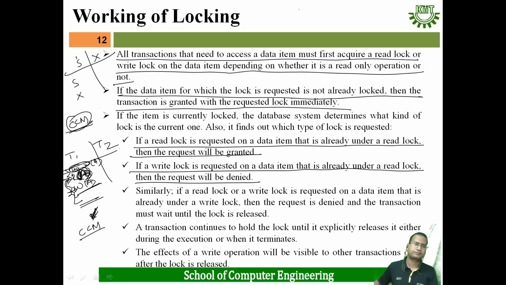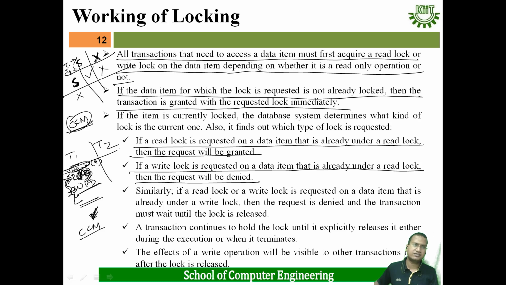Suppose on a data item, this is your T1 transaction, this is your T2 transaction. Suppose the T1 transaction applied a read lock on a data item. If the T2 transaction wants to apply a read lock, then it can be allowed. If T1 has applied an exclusive lock on a data item and T2 wants to apply a read lock on that data item, that cannot be allowed.